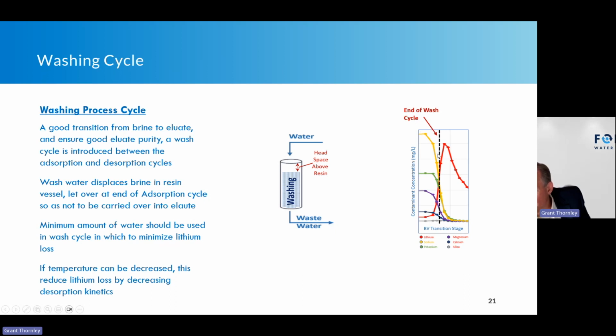As we push all the water through, you'll start seeing that the sodium, potassium, calciums are all decreasing because we're pushing them out of the brine and out of the resin.